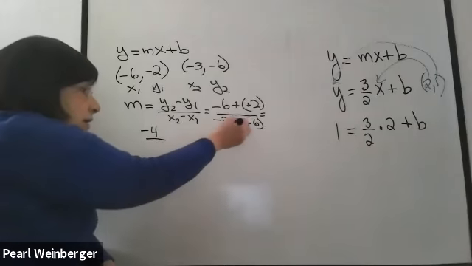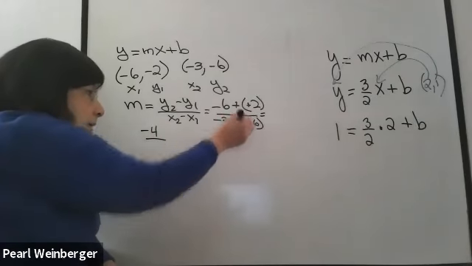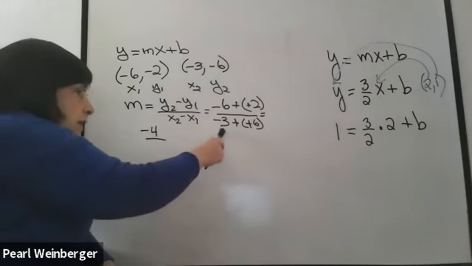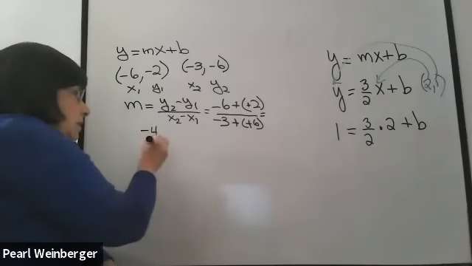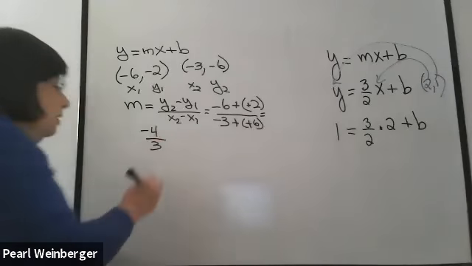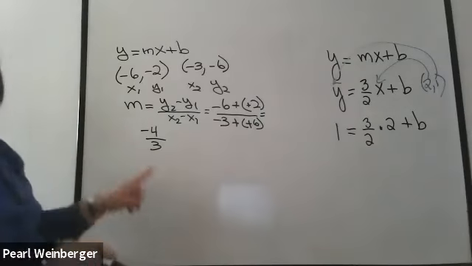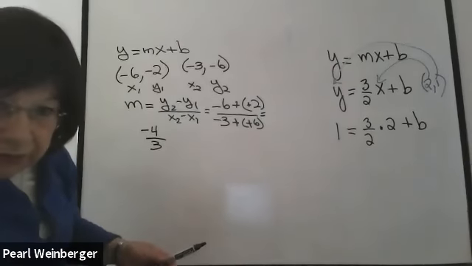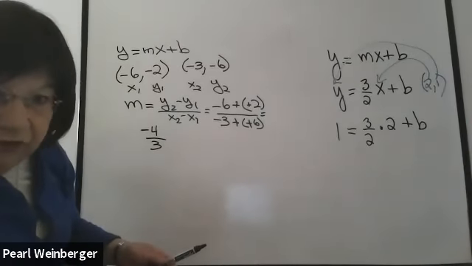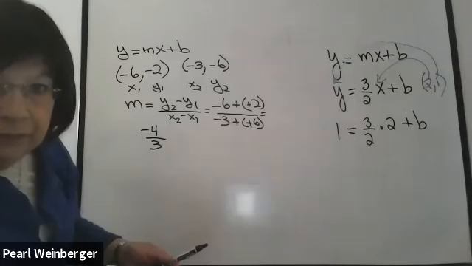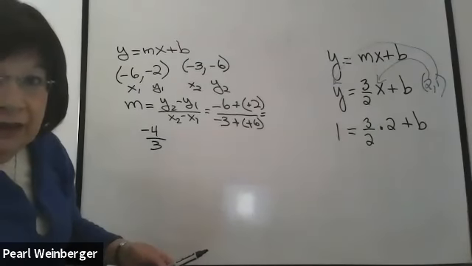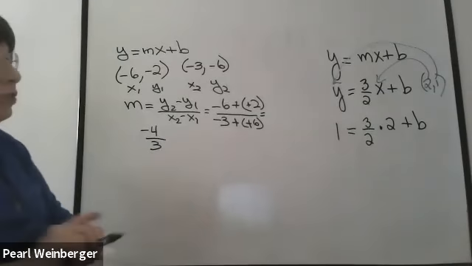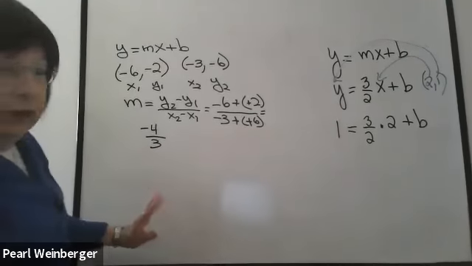And the bottom, again, I see this double negative, so that becomes a positive. -3 plus 6 is +3. The slope of the line, and that's what I saw a bunch of people got, was -4/3. Whoever answered the chat did it perfectly.